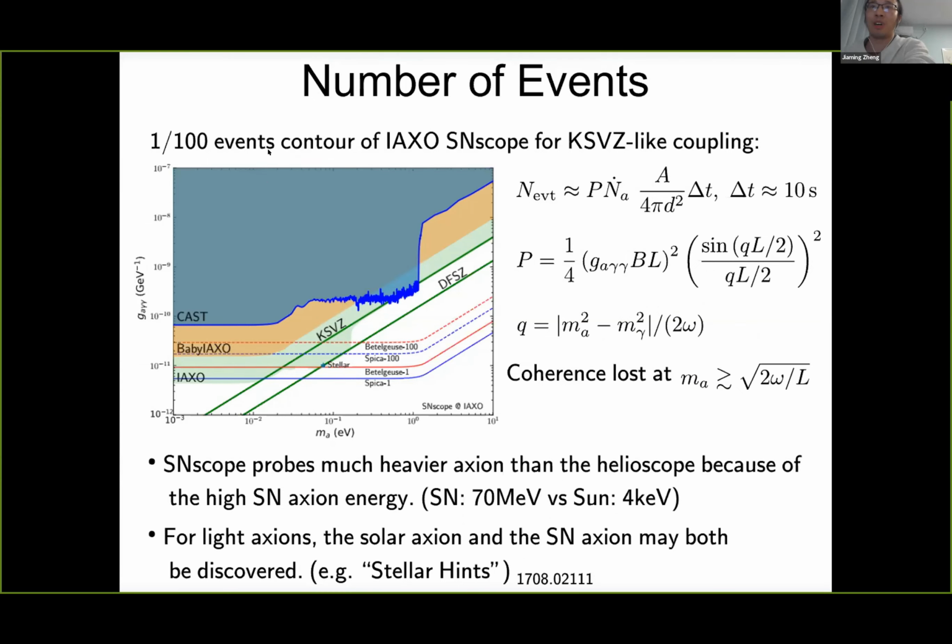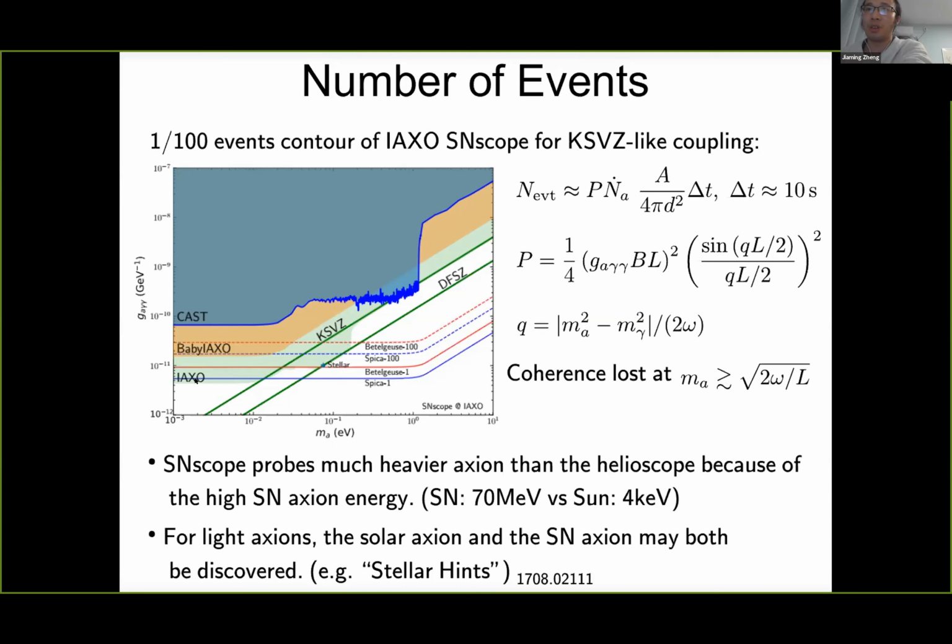And now let's talk about the detection perspective of the supernova axions. In this plot, I show the 1 event or 100 event contour for the setup of IAXO-based supernova axion scope for axions with KSVZ-like coupling.